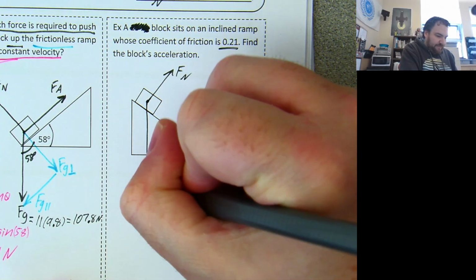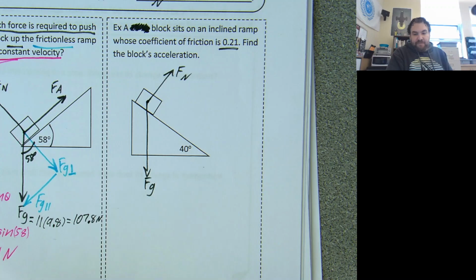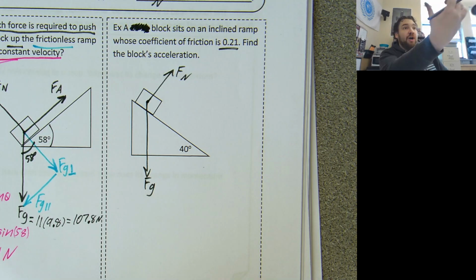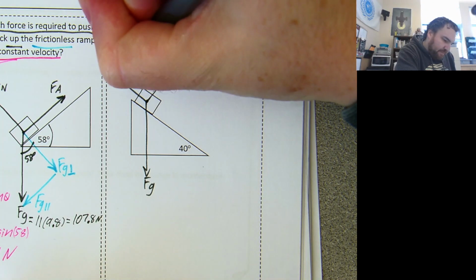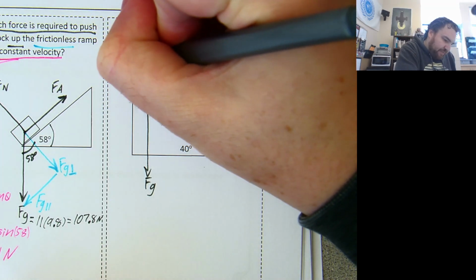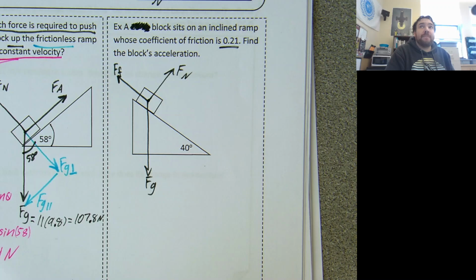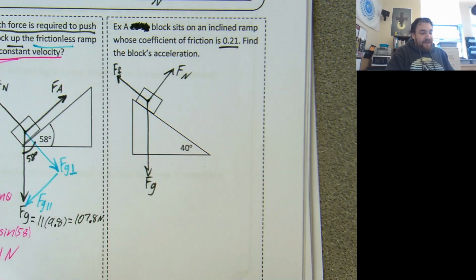I want to make it big because it's going to be needed. What other forces are acting? Yes, Dwayne, friction. Which way is friction going to act? Opposite the block. The block wants to slide down, so friction's going to go up. Cool, I got a force of friction. And that's it. There's nothing else here about an applied force. We just got a block now. It's going to sit on a friction-y surface, and it's going to slide, and we want to find the acceleration.